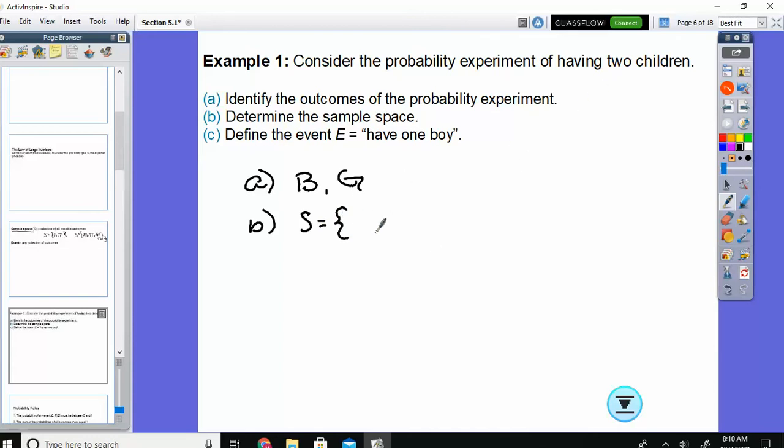If we have 2 children, we could have BB, we could have BG, we could have GB, or GG. That's my sample space. Which ones would be the event having 1 boy? BG and GB.